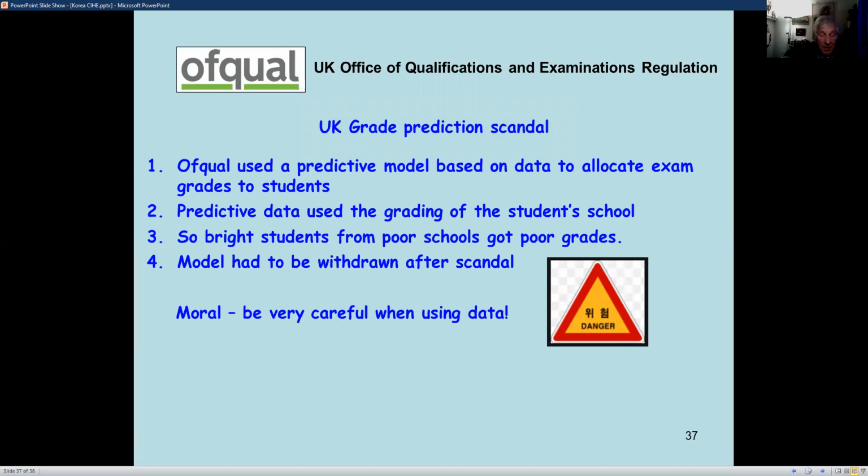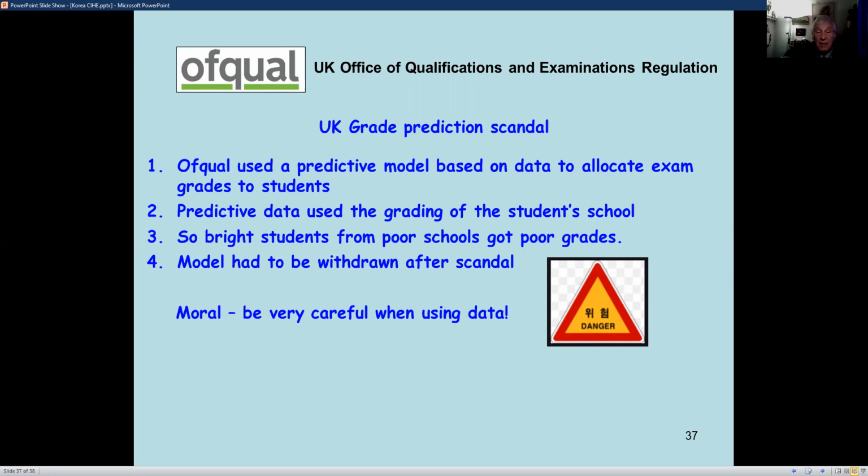One of the predictive data they used was the grading of the student's school. In the UK, schools are graded 1 to 4, where 1 is excellent and 4 is poor, the lowest grade for a badly performing school. What happened was that bright students from poor schools, therefore, were given poor grades.